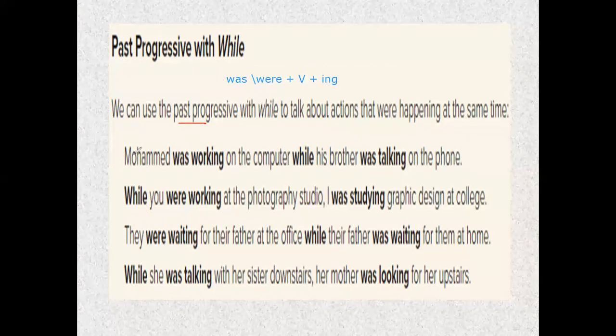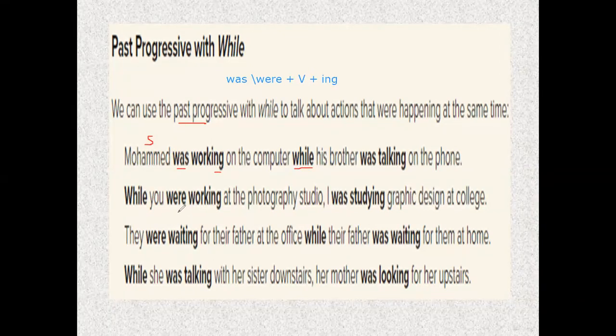For example, Muhammad was working on the computer while his brother was talking on the phone. Pay attention to the time expression while. So we use past progressive was plus ing because the subject here is singular. While you were working at a photography studio, I was studying graphic design at college.